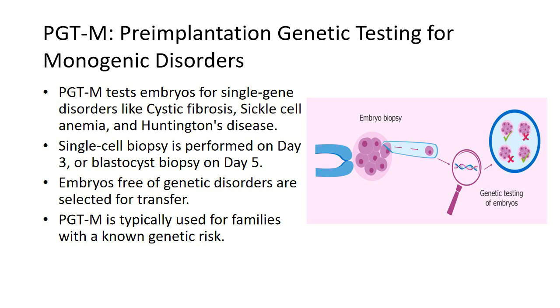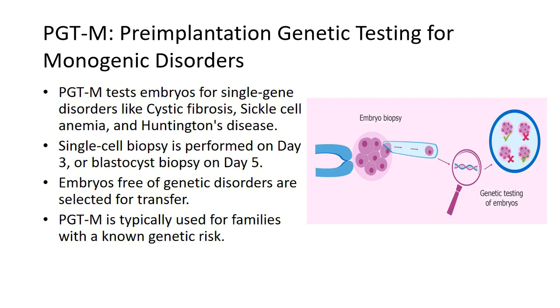2. PGT-M, pre-implantation genetic testing for monogenic disorders. A. What is PGT-M? PGT-M, also known as PGD or pre-implantation genetic diagnosis, is used to test embryos for monogenic disorders, single gene disorders.